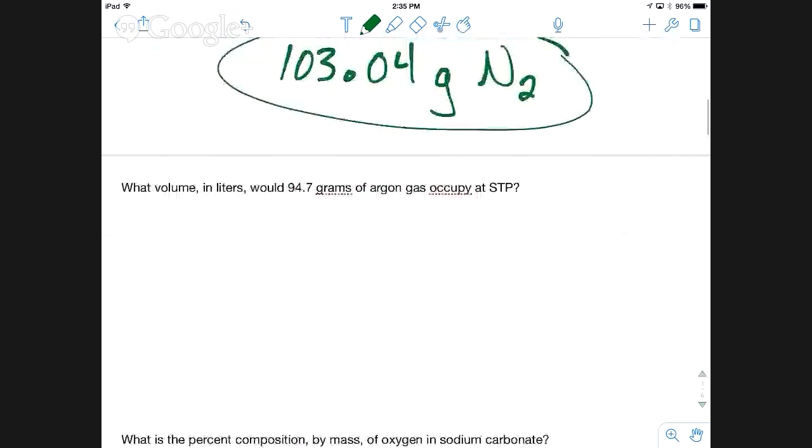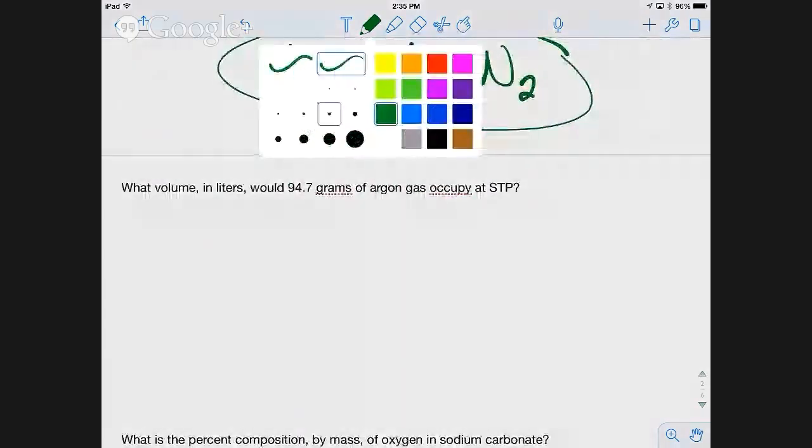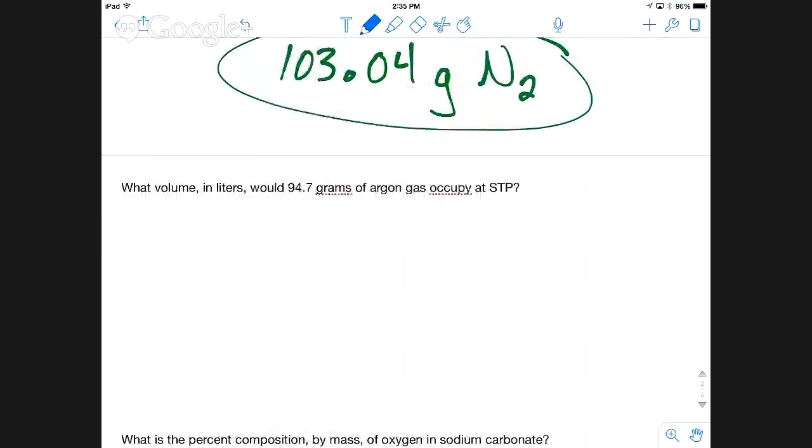So here's another one. This wants to know what volume, in liters, would 94.7 grams of argon gas occupy at STP? Well, what we said is that 1 mole of something always weighs a different mass depending on what it is, but 1 mole of any gas is always equal to 22.4 liters at STP.